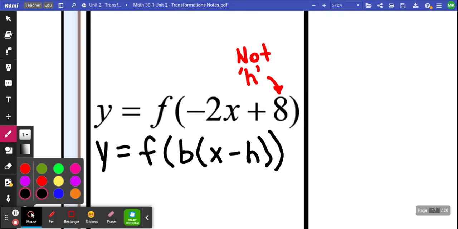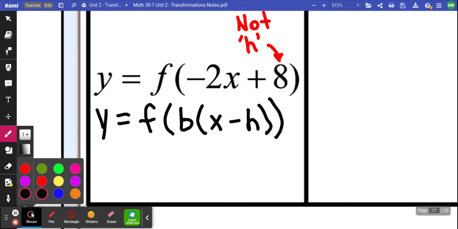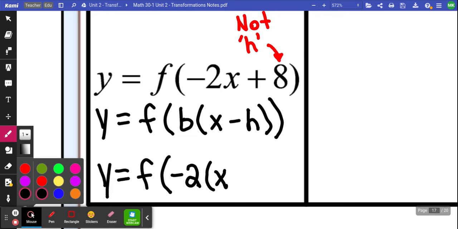Notice the brackets. The b value is outside the brackets. They have multiplied it in. So you need to rewrite that by factoring the 2 out. That means my b value is -2. The h value is -4.